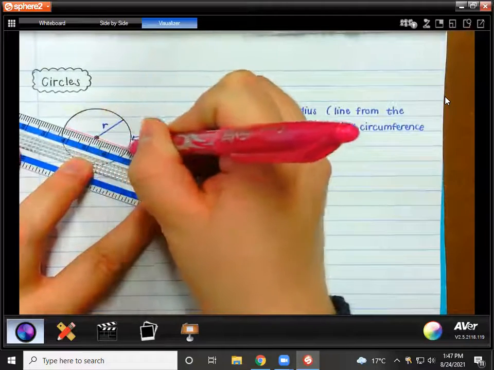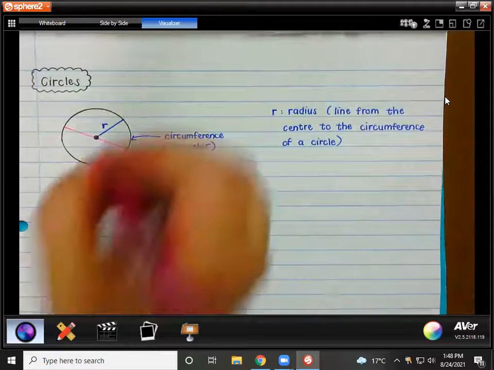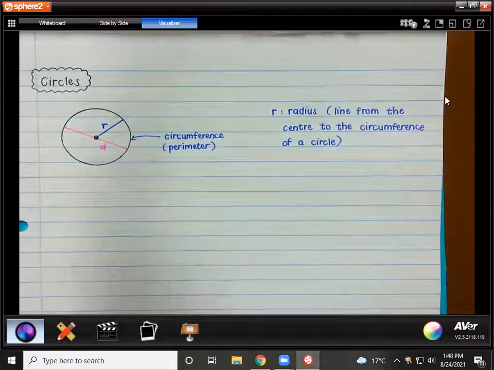It doesn't matter where yours is. You can draw yours going straight across, straight down, or at a different angle, but it has to go from the circumference through the center and then to the circumference again. This pink line is what we call the diameter.